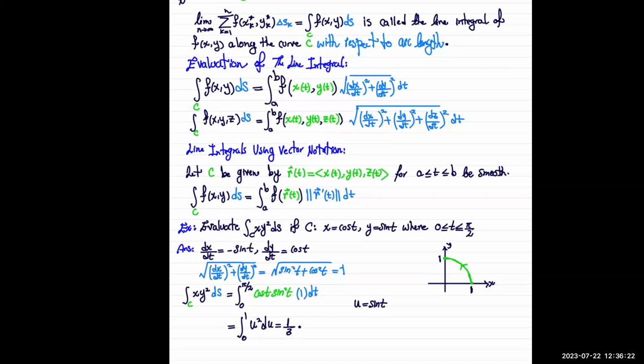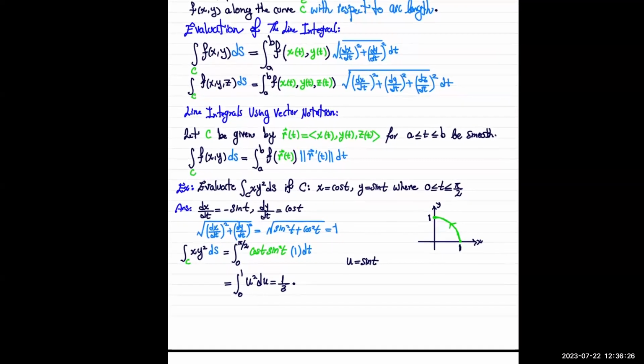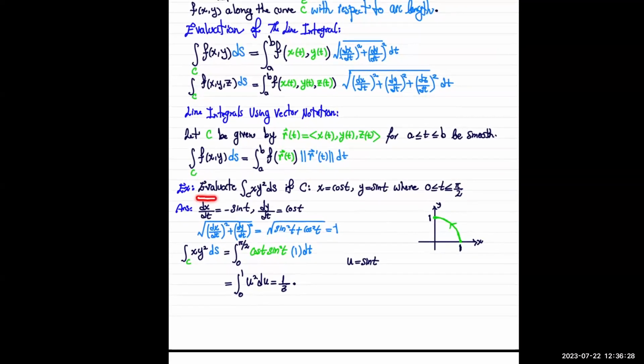So let's do an example. Here, our first example, we are finding the line integral along C of the function xy squared with respect to arc length.